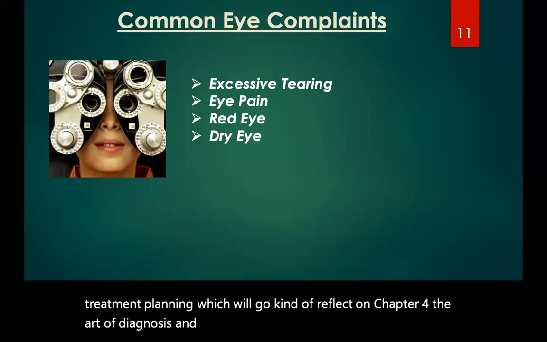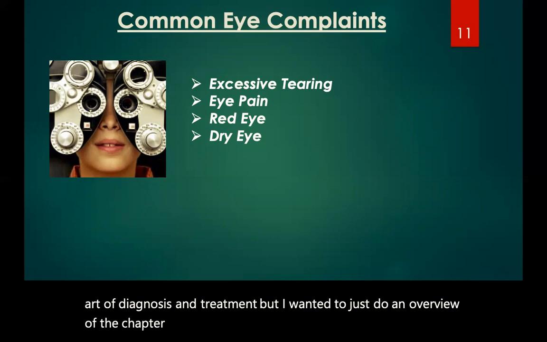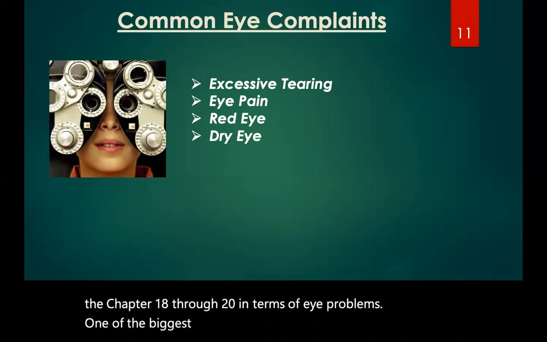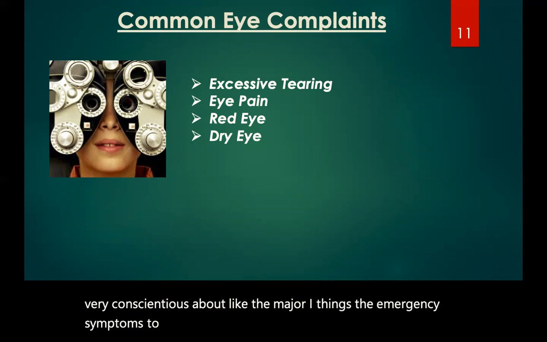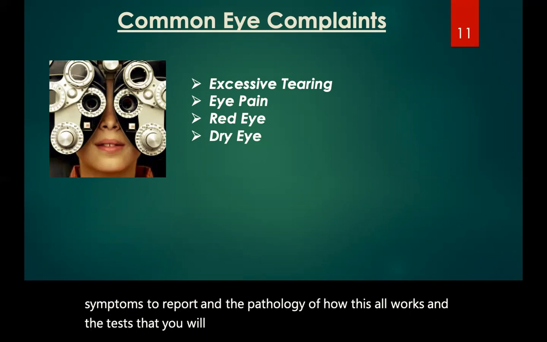But I wanted to just do an overview of Chapters 18 through 20 in terms of eye problems. One of the biggest things we want to make sure is that you're very conscientious about the major eye things, the emergency symptoms to report, and the pathology of how this all works, and the tests that you will use to screen people and diagnose people and treat people.